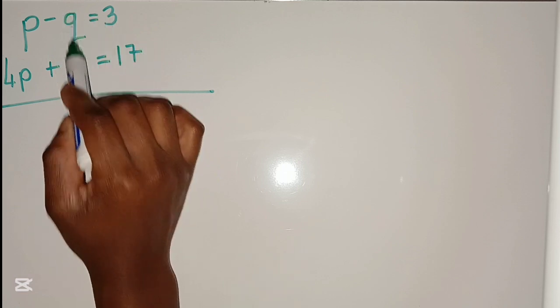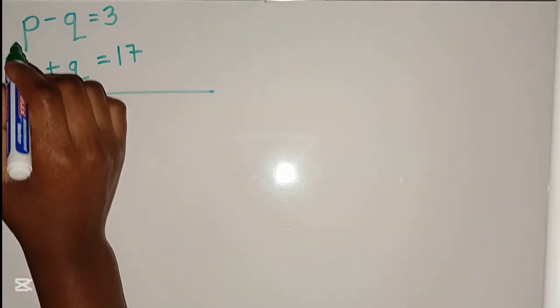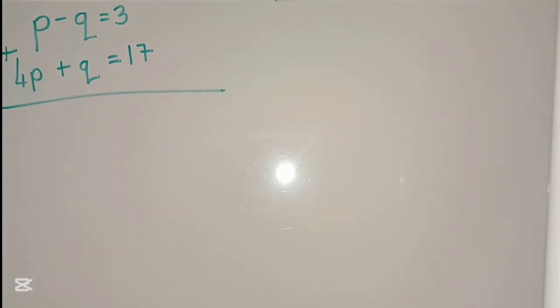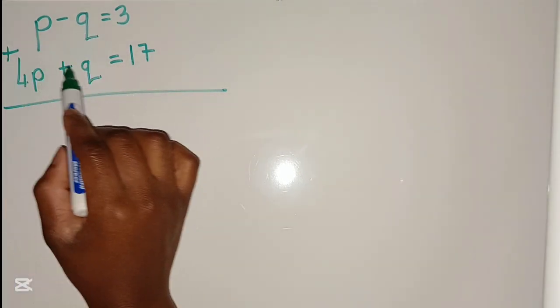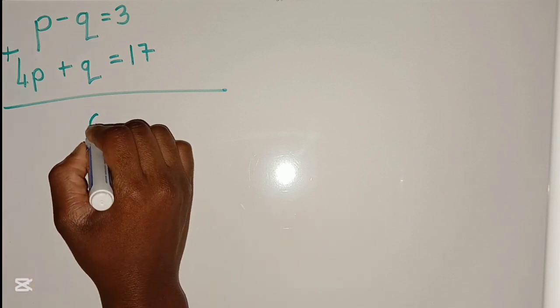How can I eliminate q? Should I add or subtract? I'm going to decide to add, because negative q plus q will give you 0, which means the variable q is eliminated.